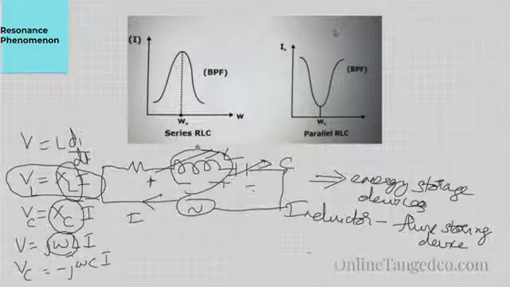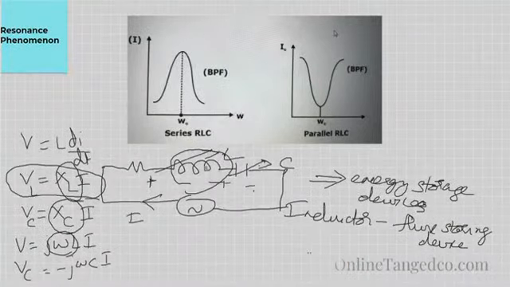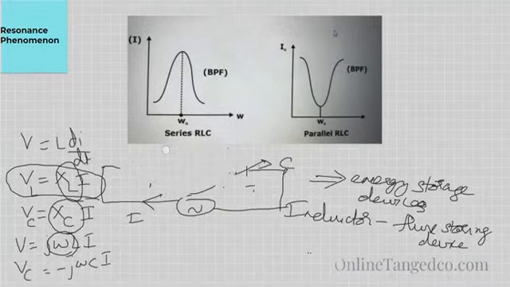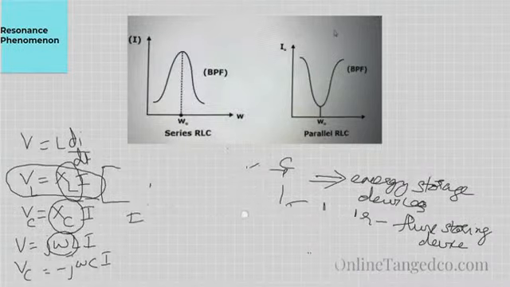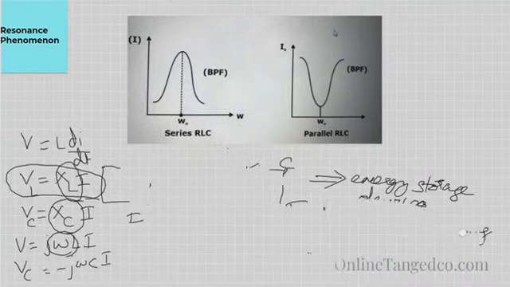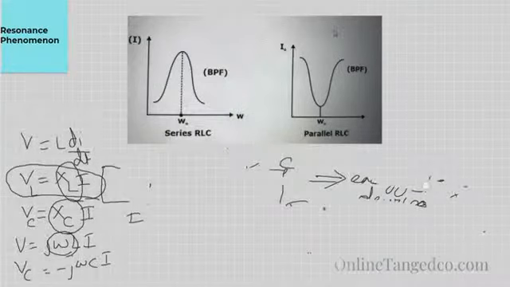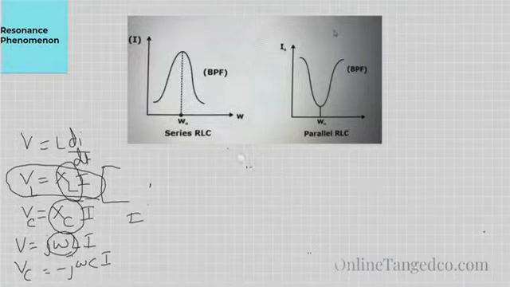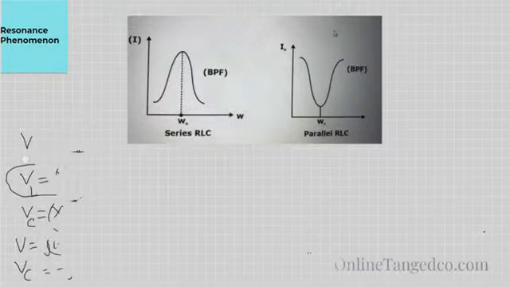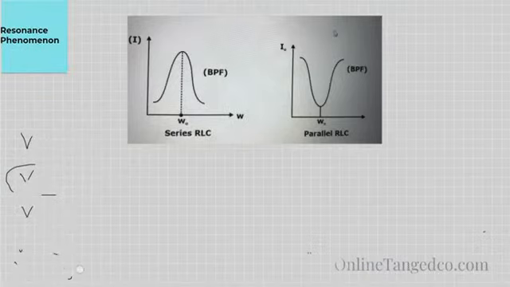So this is achieved using the resonance phenomenon, and this is where resonance is used. There are various applications where this phenomenon is applied to achieve the required amount of current through the circuit. Okay, so this is the equation part of resonance, what's happening.